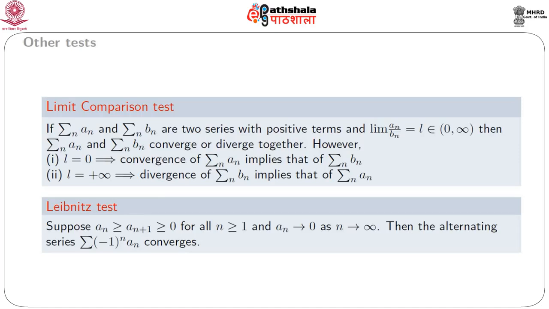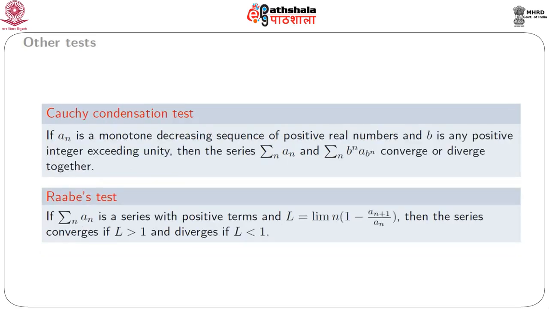Next we quickly discuss Cauchy condensation test. If a_n is a monotone decreasing sequence of positive real numbers and b is any positive integer exceeding unity, then the series summation a_n and summation b^n a_(b^n) converge or diverge together.